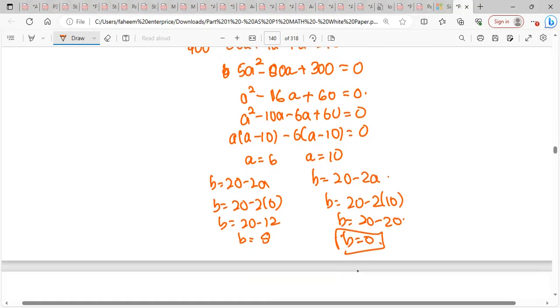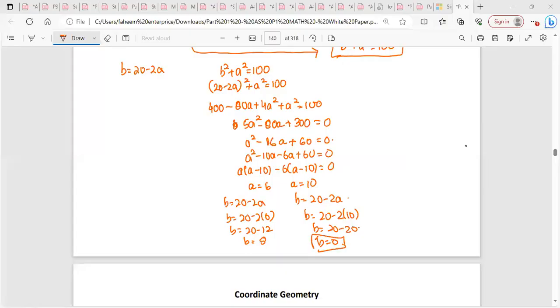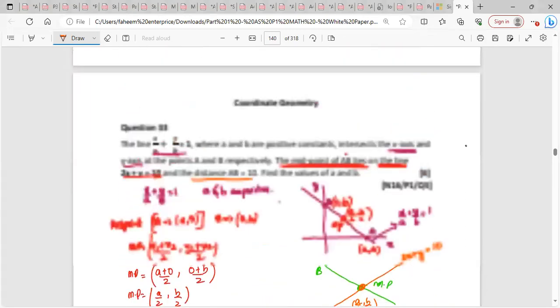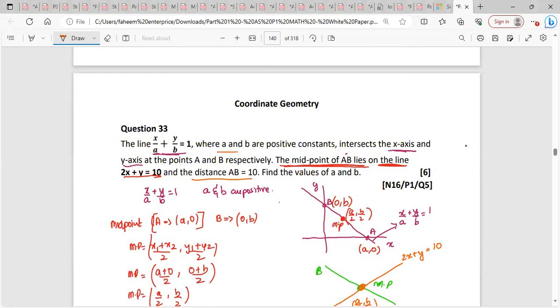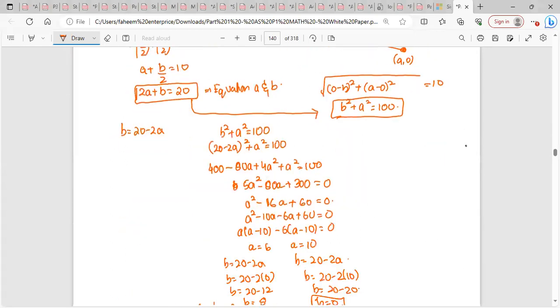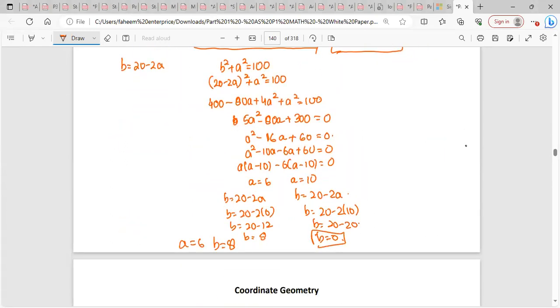So the answer will be a is equal to 6 and b is equal to 8, because the question clearly said that a and b are positive constants. So we will eliminate a = 10 and b = 0.